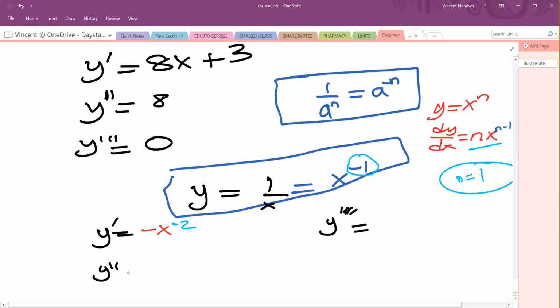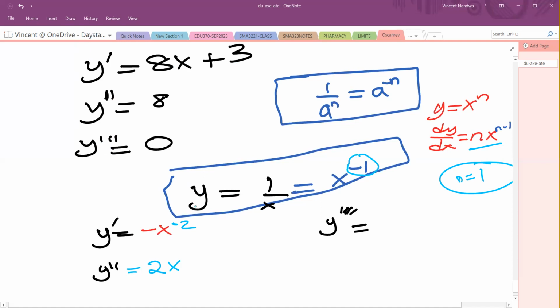Now tell me the second derivative. So when you drop the -2 times -1, you get 2.